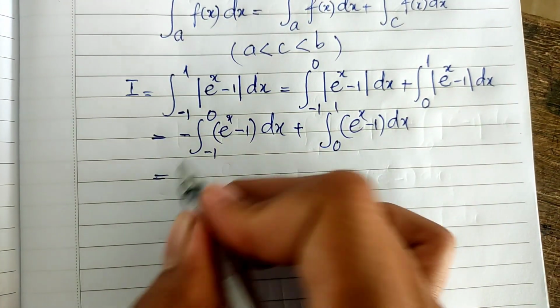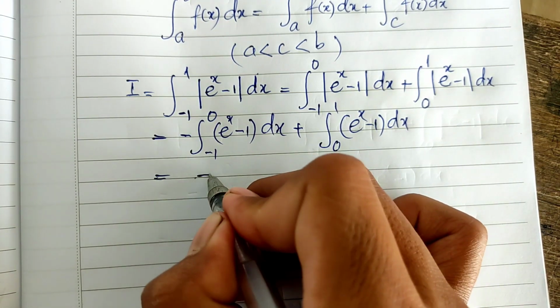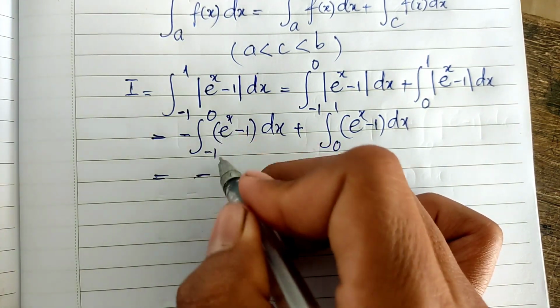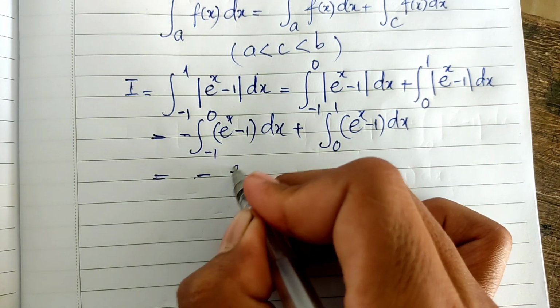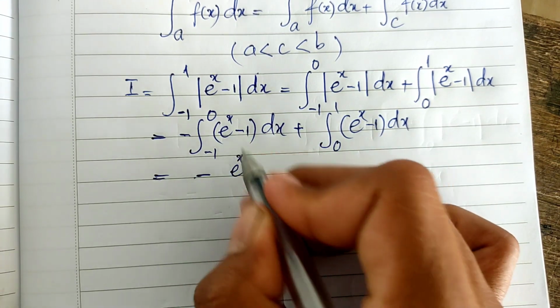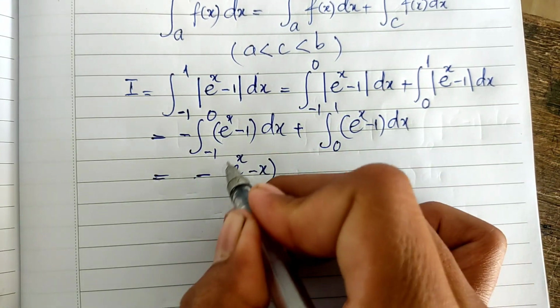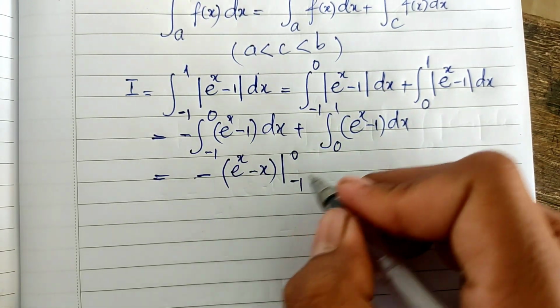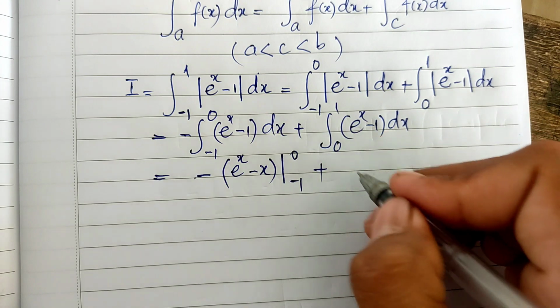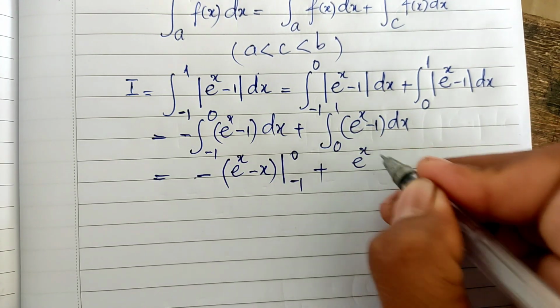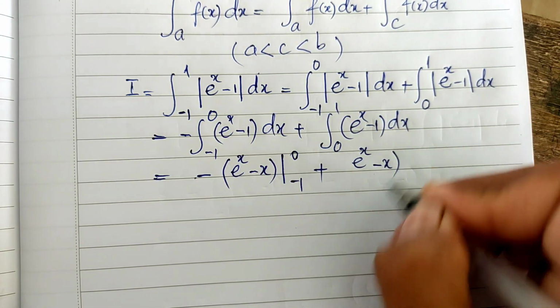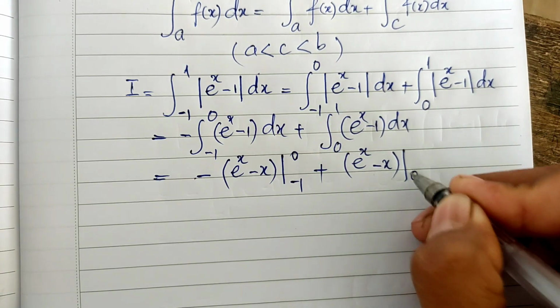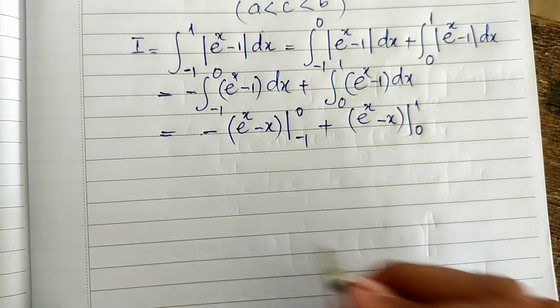Okay, now I get minus the bracket e^h minus h from -1 to 0, plus the bracket e^h minus h from 0 to 1.